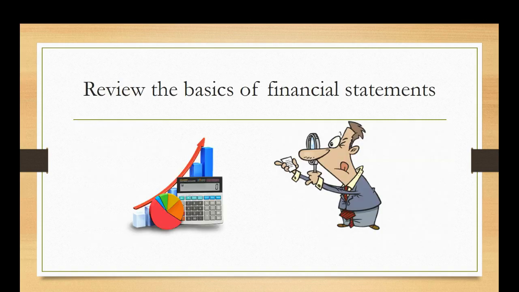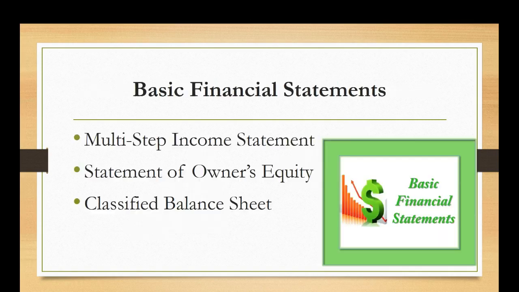So to start us off, let's just review the basics of financial statements. I will go through these slides rather rapidly because you've seen them before in another problem. So I've reinstated them into this demonstration just in case you're a little rusty. So, of course, you know by now that the three basic financial statements that we're working on are a multi-step income statement, a statement of owner's equity, and a classified balance sheet.